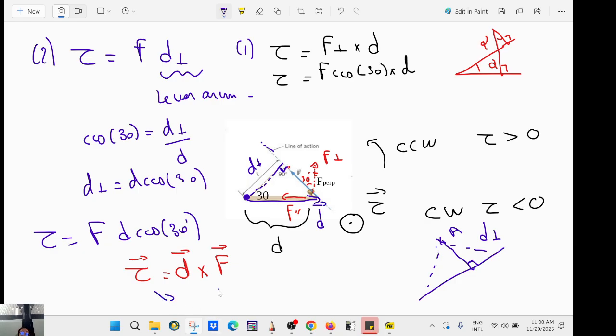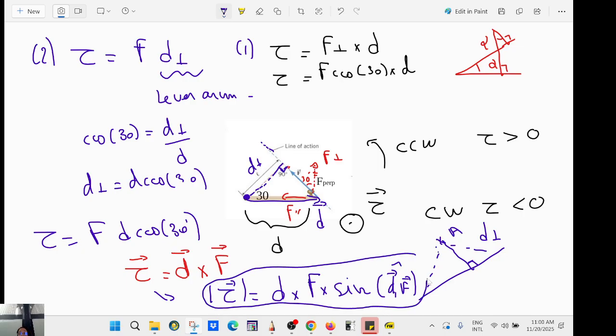And the cross product, the magnitude, will be d times F. For the dot product, we have a cosine. For the cross product, we have a sine. That will be the angle. And you will get the same thing, because instead of having 30 degrees, you're going to have the complement.